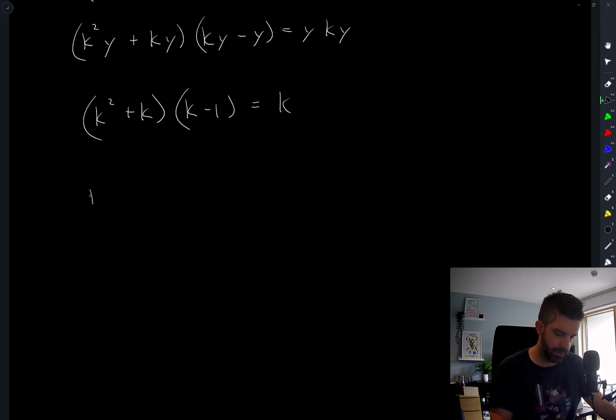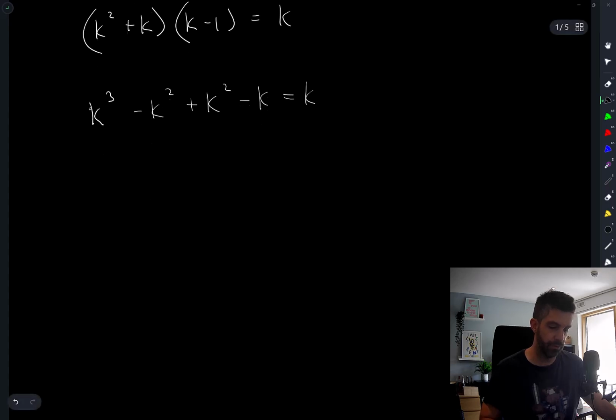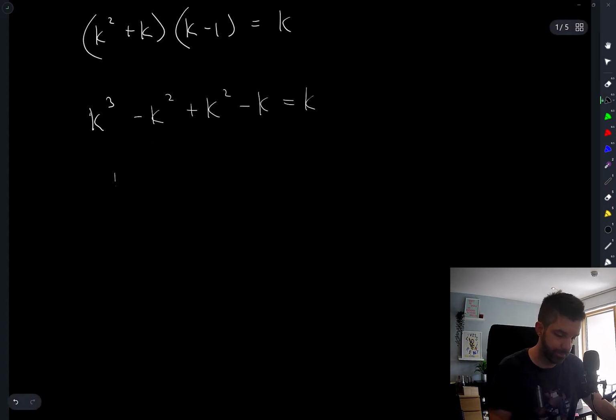Let me expand it and see if I can get a sense of what this function might look like. k cubed plus k cubed minus k squared plus k squared minus k equals k. Oh, maybe this will be really easy to solve actually. So I have k cubed minus 2k is equal to 0.